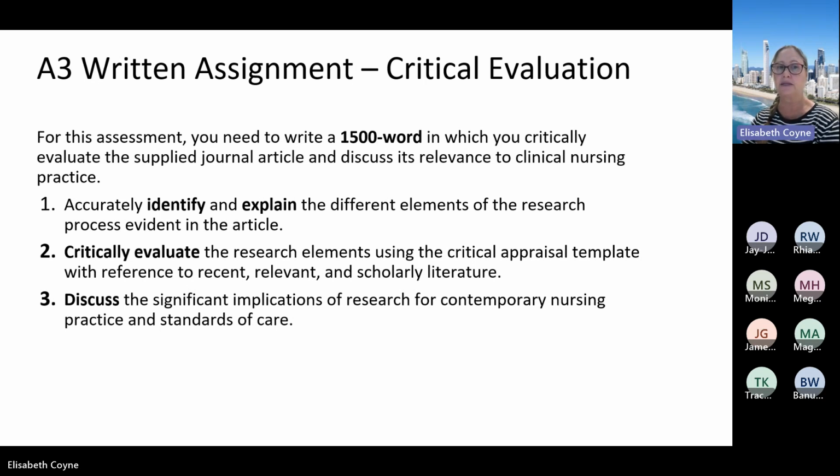Then discuss with references the significant implications of research for contemporary nursing practice and standards of care. Basically, what does this article mean if you're looking at recommendations for practice?